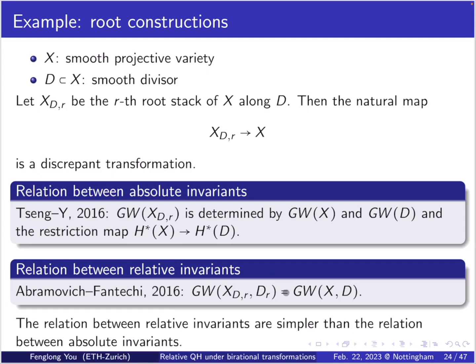They have a direct identity between the relative invariants of this root stack and the relative invariants of X. One reason you can see that is that if you look at the complement of the divisors, then they are the same. And so the relation between relative invariants should be simpler than the relation between absolute invariants. So this is for the example of a root construction. In general, we should expect that the relation between relative quantum cohomology is usually easier than the relation between the absolute quantum cohomology.